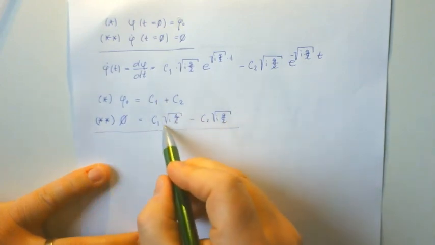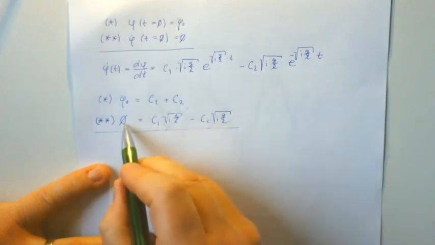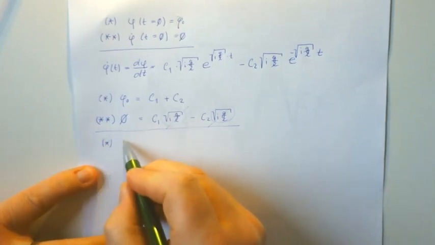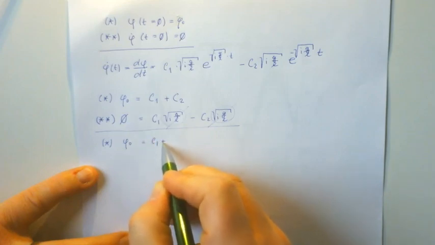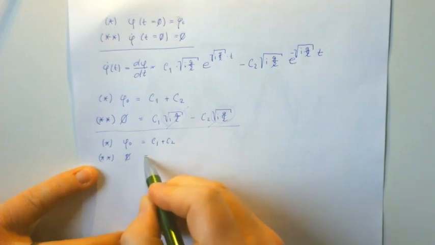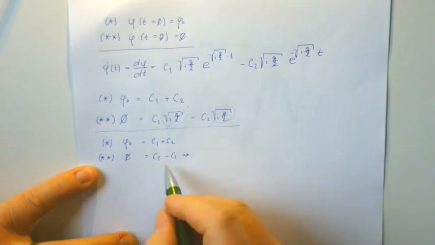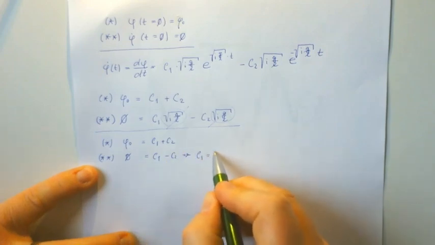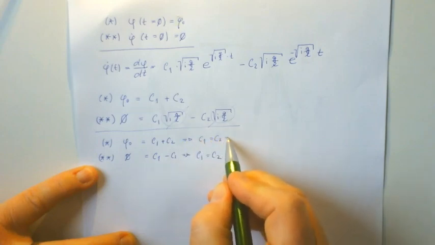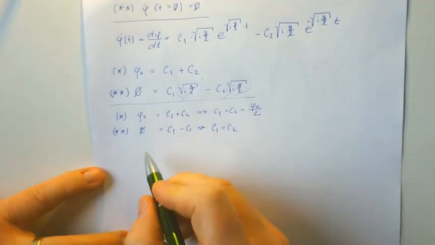And because this is the same, we can cancel it against 0 on the left side of the equation. So finally we get two very simple equations: c1 plus c2 is phi 0, and 0 is c1 minus c2. From the second equation it follows that c1 is equal to c2, and from this follows that c1 equals c2 is equal to phi 0 over 2.